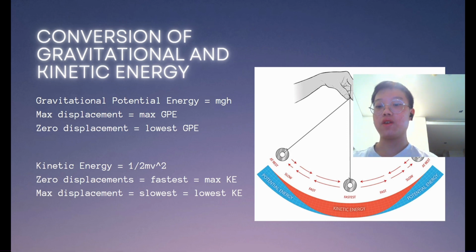At the equilibrium position, the velocity is fastest along the motion, so we can assume that the kinetic energy is max at this position. Differently, at the max displacement, the motion is at rest, which means there is no velocity, and we can assume that at this point the kinetic energy is the lowest of all the motion.